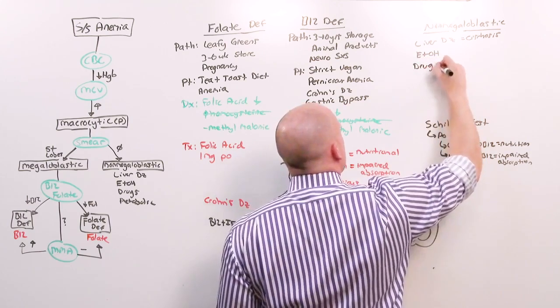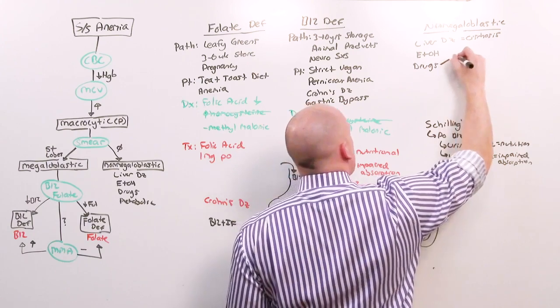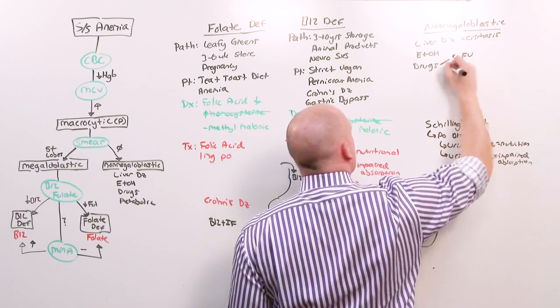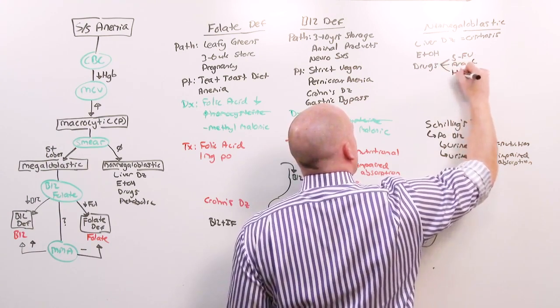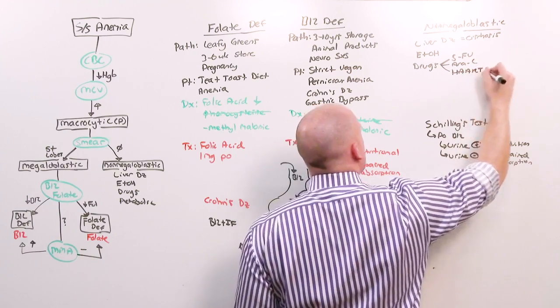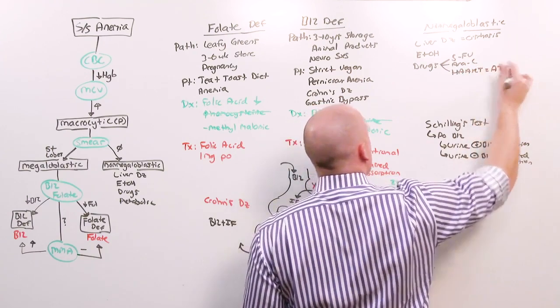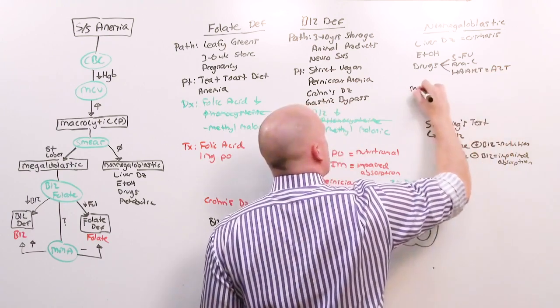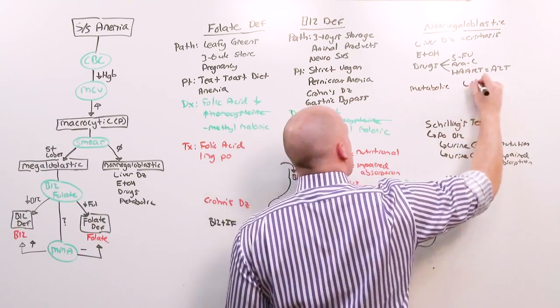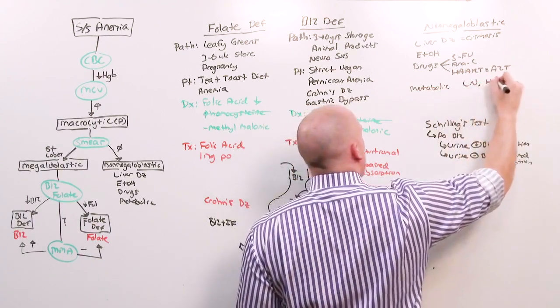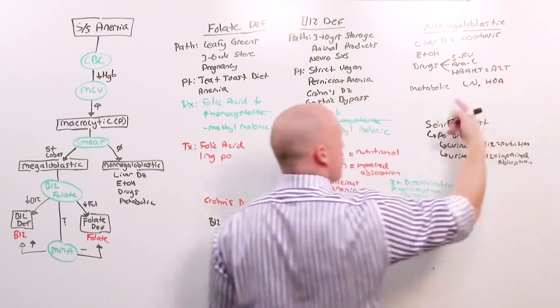Drugs can do it, and the ones you should look out for are chemotherapeutic agents like 5-fluorouracil, Ara-C, and retrovirals, and the one that's usually associated with it is AZT, zidovudine. And then the metabolic conditions. Lesch-Nyhan syndrome and hereditary orotic aciduria. Now you notice I'm not even writing them out.